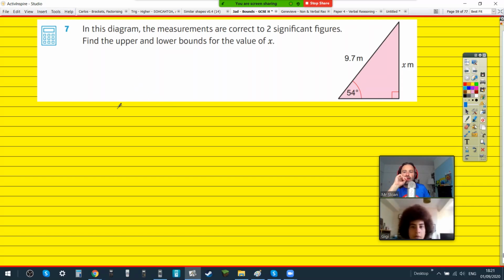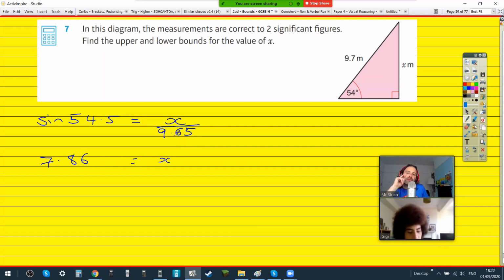Sine upper and lower bounds. So, the upper bound first. Sine 54.5 equals x over 9.65. 7.86 is the upper bound.